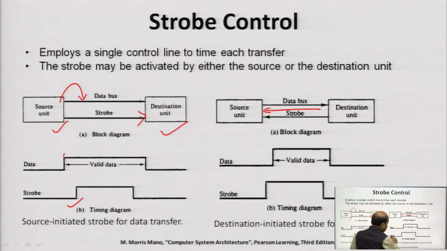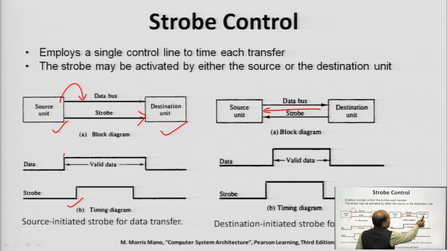channel. So, first the strobe signal will be high, then the source unit will put the valid data onto the channel or issue the valid data signal, informing the destination that you can receive the data, and after some time the strobe signal will be disabled.